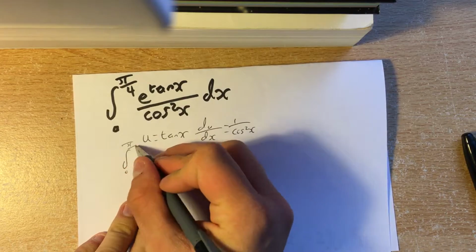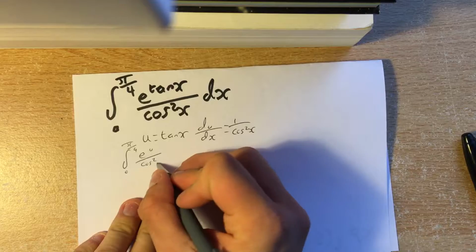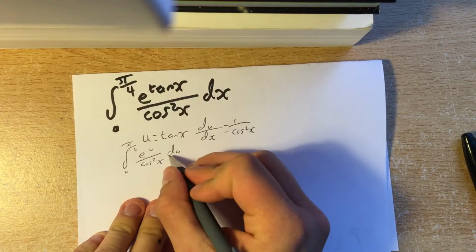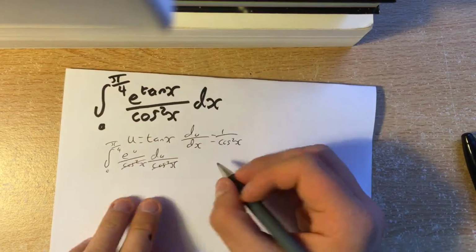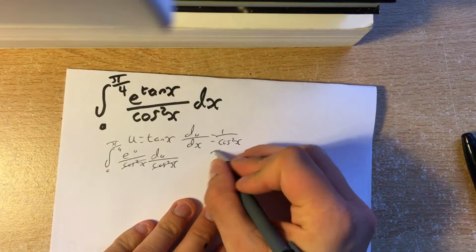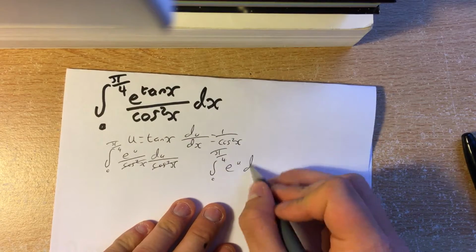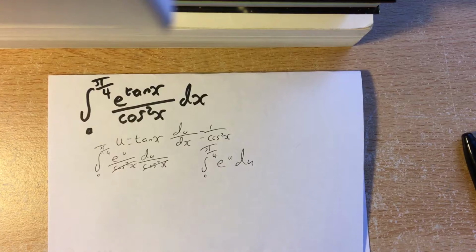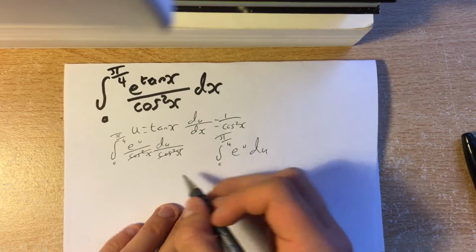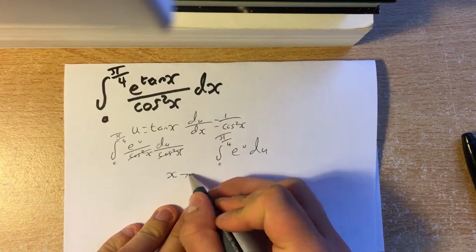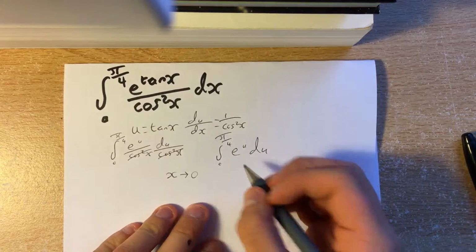So if we rewrite this, we get e to the power of u over cosine squared x times du times cosine squared x. These two cancel out, and we are just left with u variables. So we have e to the power of u with respect to du. But because we have changed the variable, we have to change the limits. So let's take the lower limit, and let's make that x in this u equals tan x.